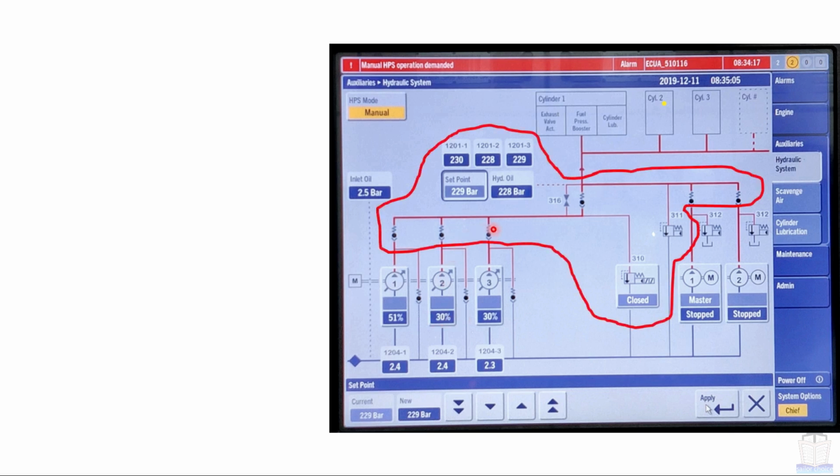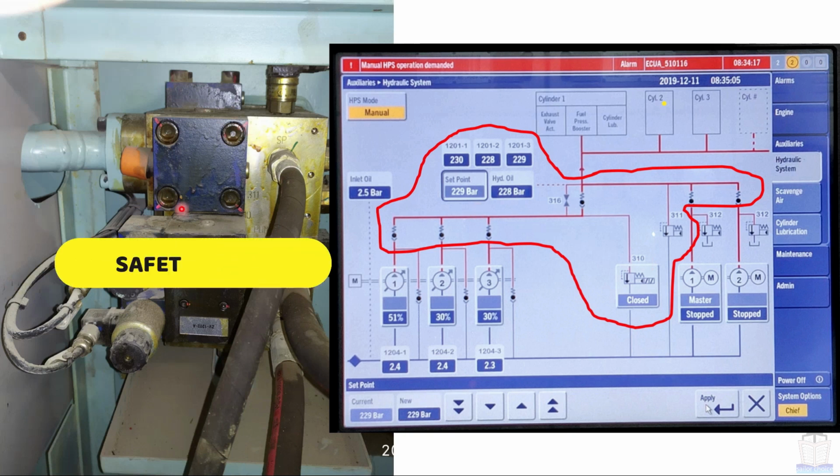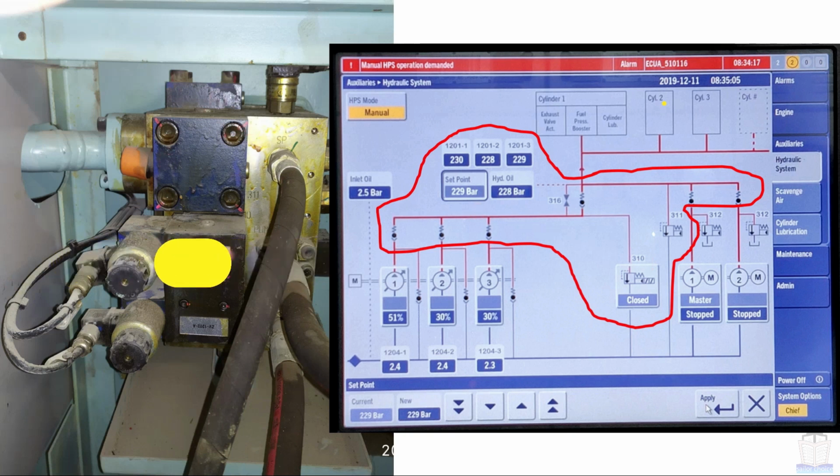Now going to talk about all these components which are encircled with this red line. That means all these three pressure transmitters, this valve 316, all these 9-ton valves, valve number 311 and valve number 310. That means I am talking about this safety block. In this safety block, all these components are installed.